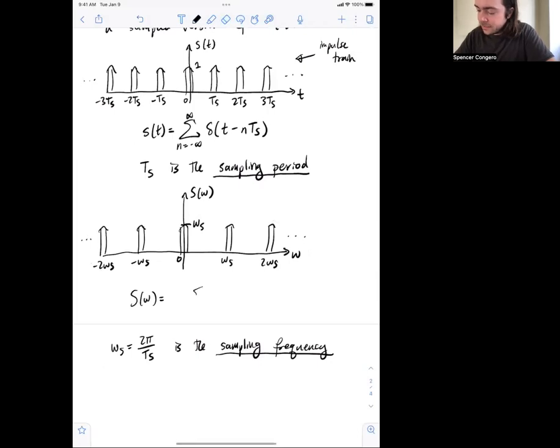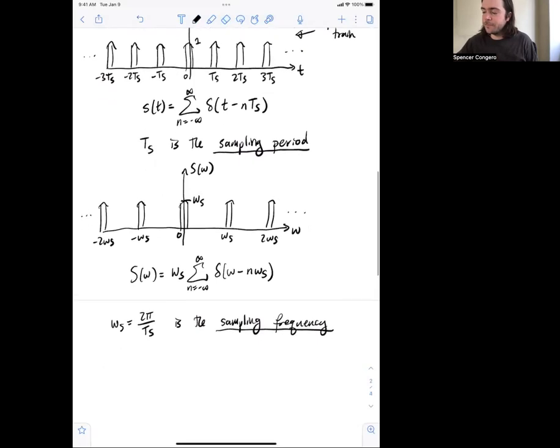Well, it's still just going to be a big sum of deltas. It's an impulse train. The deltas are all shifted to integer multiples of the sampling frequency. You can see that omega sub s, 2 omega sub s, 3 omega sub s, and so on. And they're all also scaled by omega sub s. We saw this in the impulse trains video, and we proved all this already, so we can just use it now.